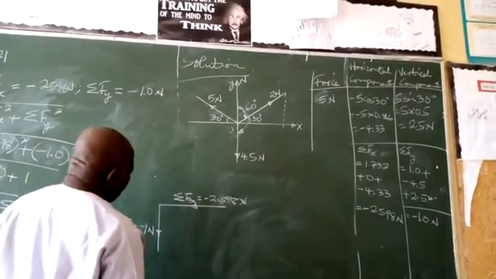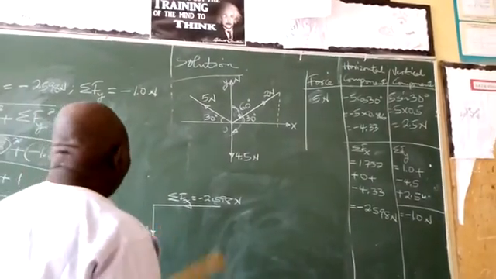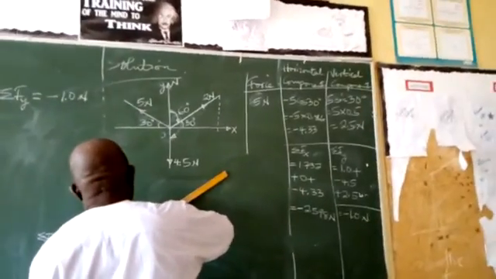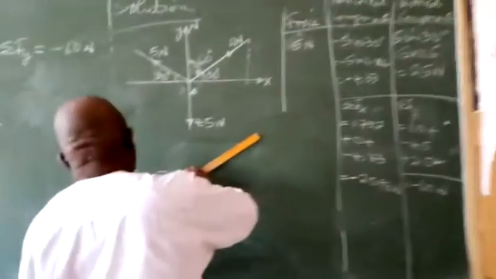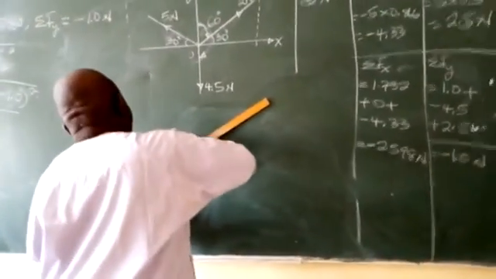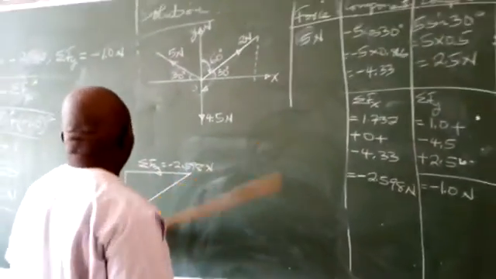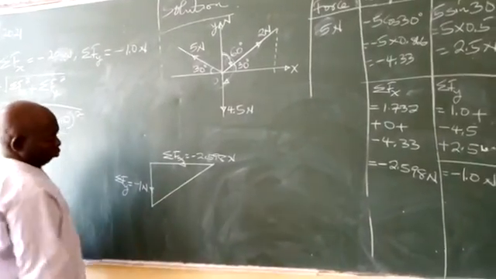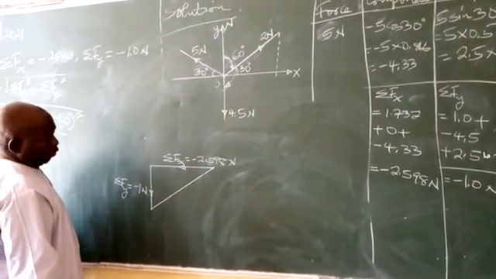Then the next thing is to close the polygon. So now this third line is the line of action of the resultant force.